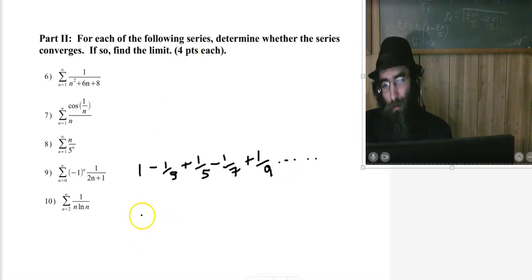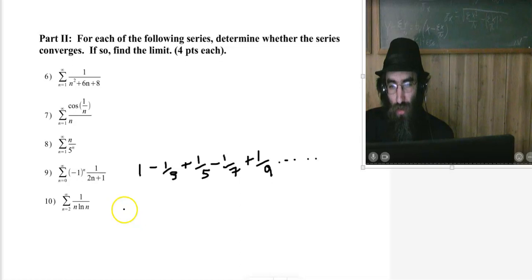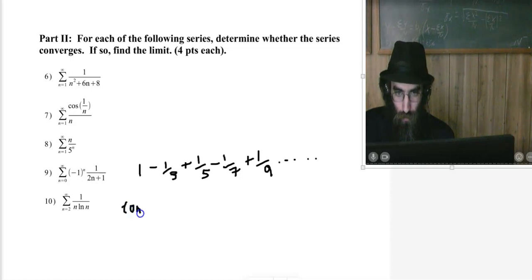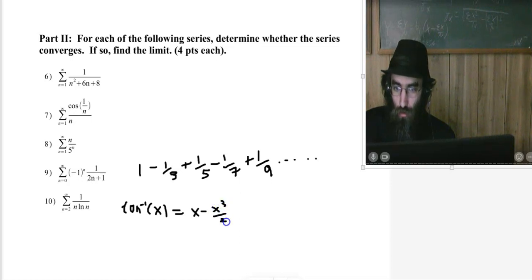If you happen to remember that the Taylor series for inverse tangent of x equals x minus x cubed over 3 plus x to the 5th over 5 minus x to the 7th over 7.